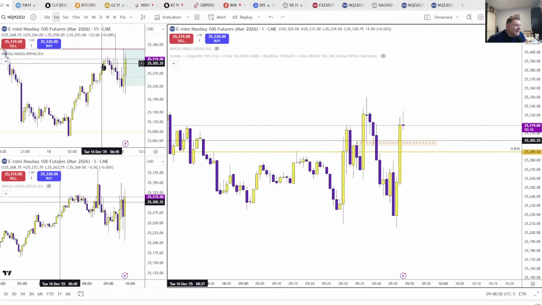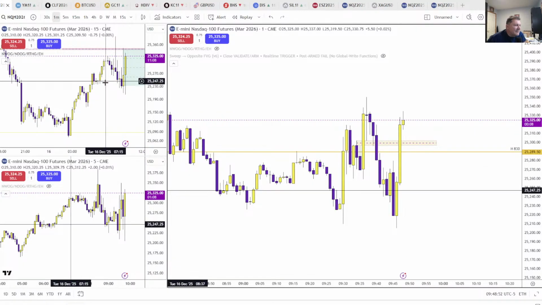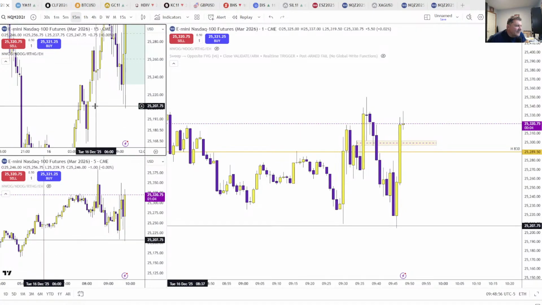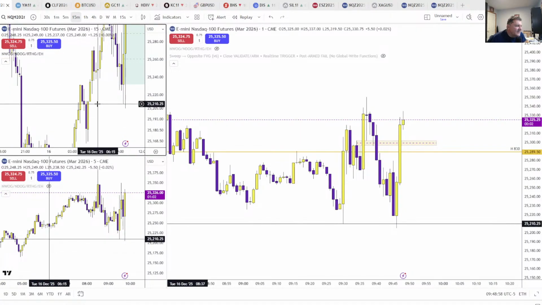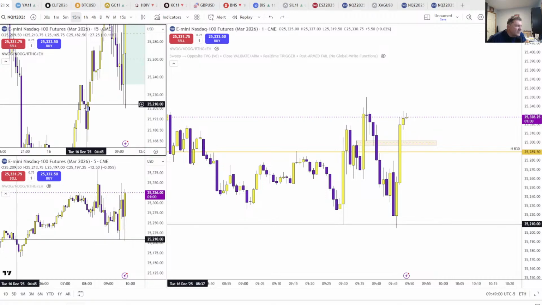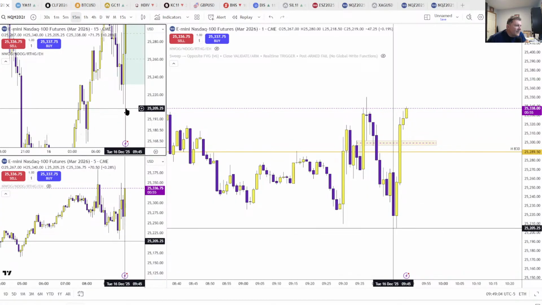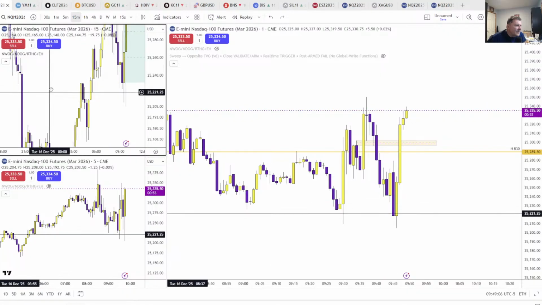And this 15-minute level right here, we came lower into this small little discount area right here. No, there's nothing there. It's just this order block. What do we got over here?